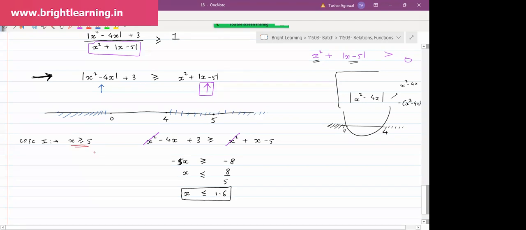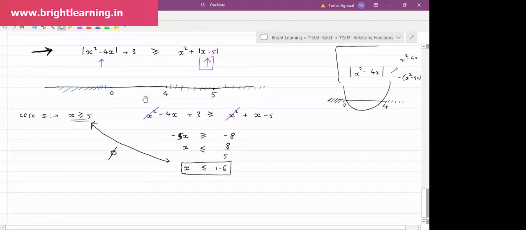So this should be the answer if the original condition is x greater than 5. Combining these two, if x greater than 5, the final condition should be x greater than or equal to 5. Okay. Case 2, x less than 5.